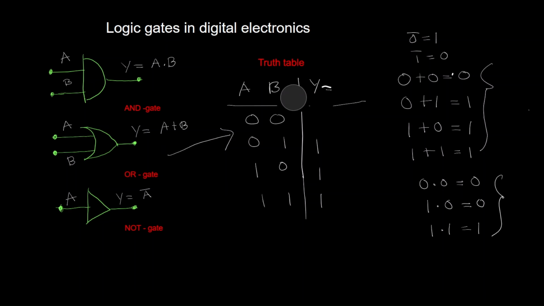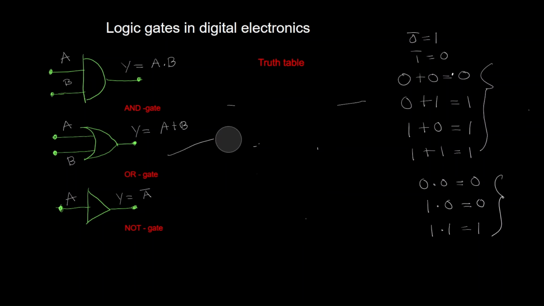Next, come to the truth table of the NOT gate. You can see for the NOT gate there is only one input, one variable, which is A for input, and Y, which is A complement.